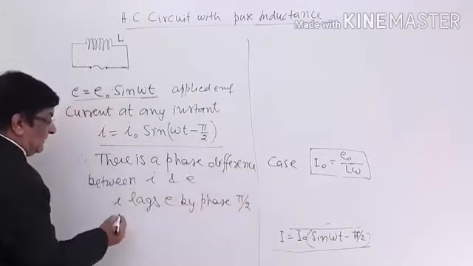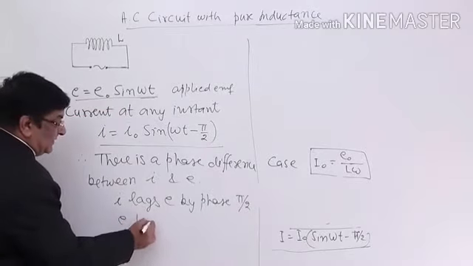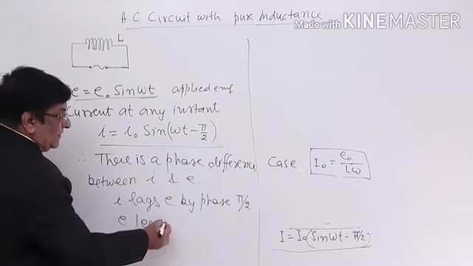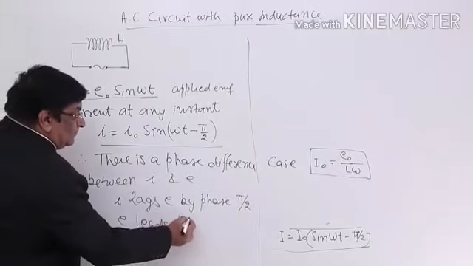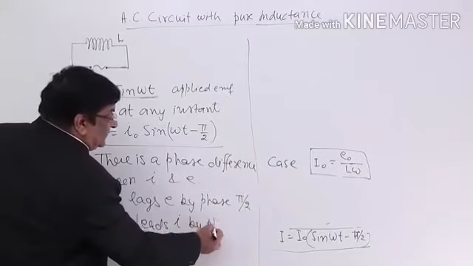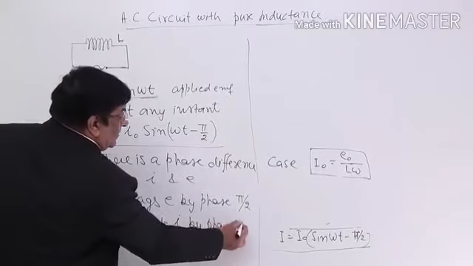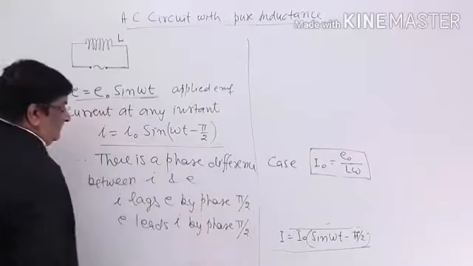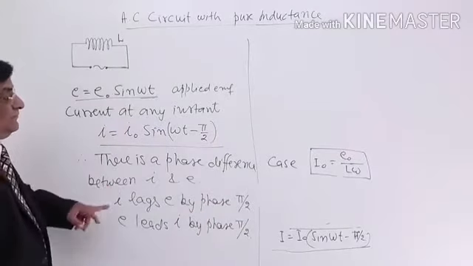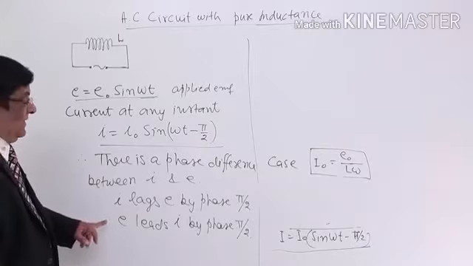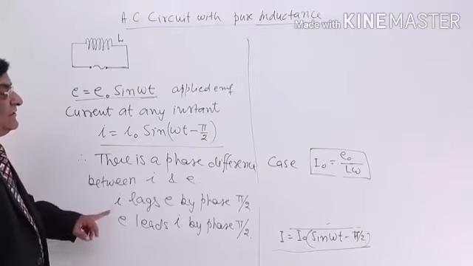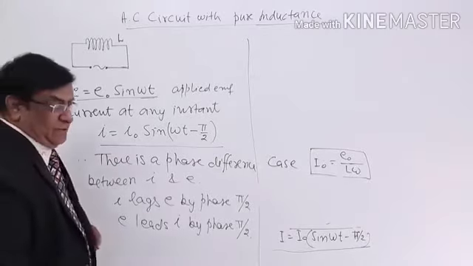In other words, we can say E leads I by phase pi by 2. So you will remember that between E and I there is a phase difference of pi by 2.